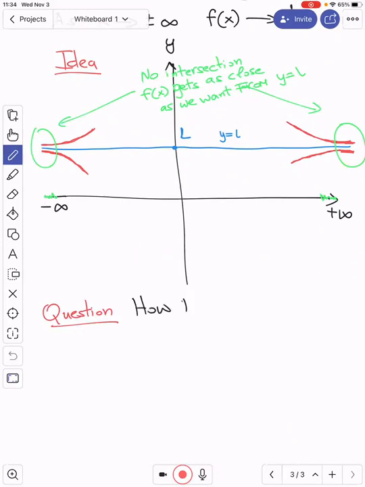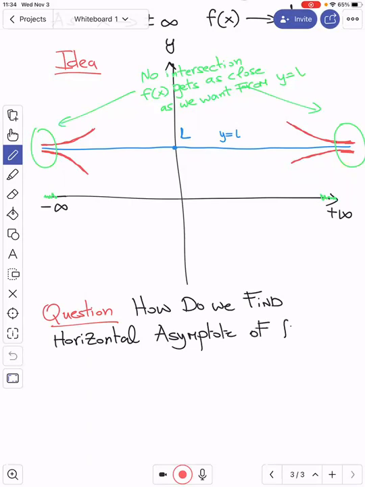So how do we find the horizontal asymptote of f of x equal to p of x over q of x, my rational function f?